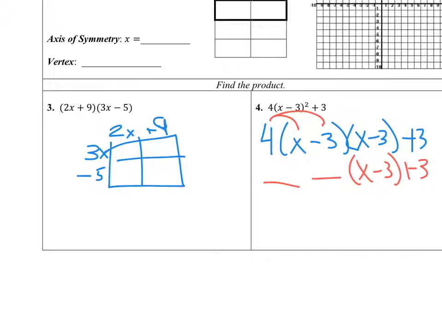But go ahead and use the box then to multiply these two sets together, and do like you did over in number 3. And then on the end, don't forget about adding 3 to whatever your whole number is at the end, okay? If that doesn't seem clear to you, just ask.